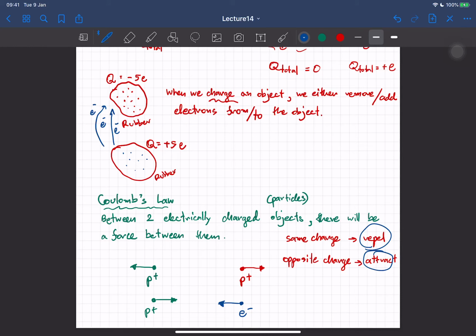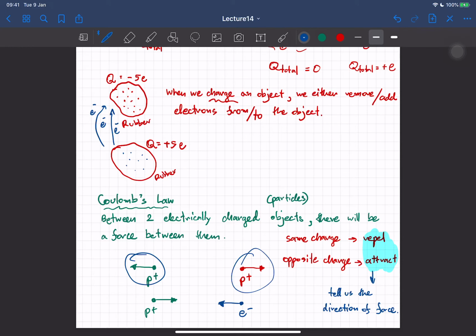Saying repel or attract just tells us the direction of the force. That's probably the simplest way of thinking about this: when they repel, the force is pointing away from each other like this.